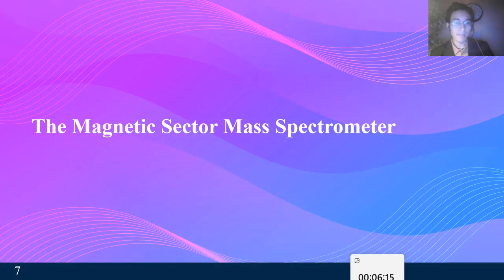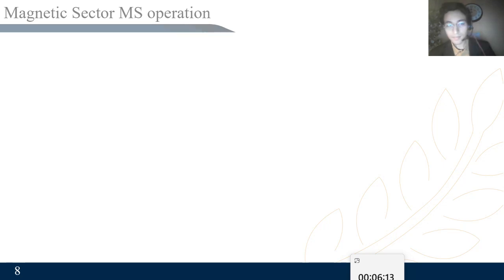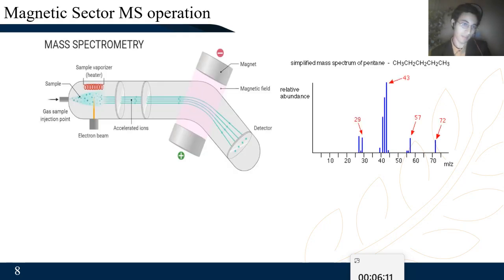So the magnetic sector, let's start with that. This is a normal magnetic sector that one would be able to see in the laboratory. It can be seen in GCMS, the older version, of course. It has a gas inlet for samples, and then a heating element and an electron beam to ionize it. An electron hits the molecule and one electron escapes from it, so it turns into a cation.